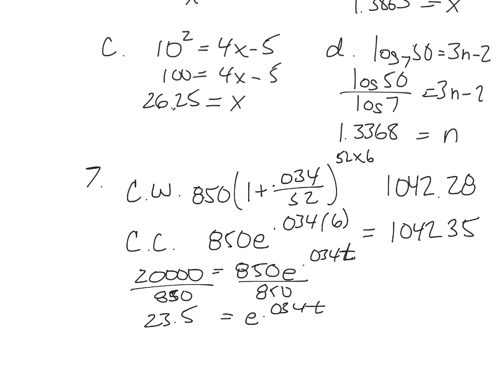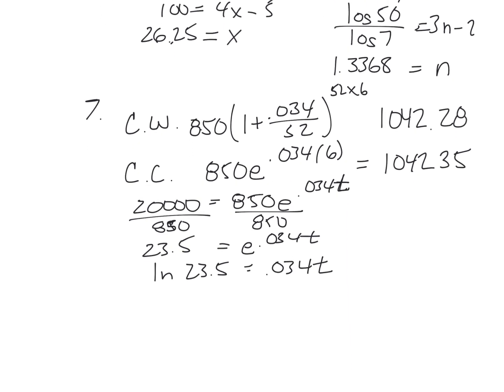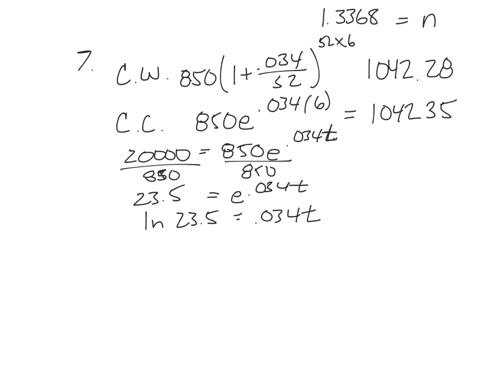So then you're going to change the form of it. So it'd be natural log of 23.5 would equal 0.034t. We're going to take the natural log of 23.5 and divide by 0.034. We're going to get t to be about 92.9 years.